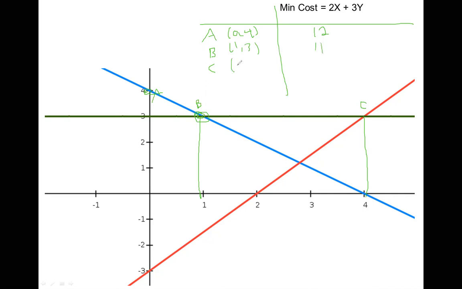The point C is 4, 3. By direct substitution, we have 17. Now we are minimizing the cost, so the minimum cost equals 11. So the optimal solution is x equal 1, y equal 3, and the minimum cost equal 11. That's the solution for a minimizing cost question using the graphical solution.